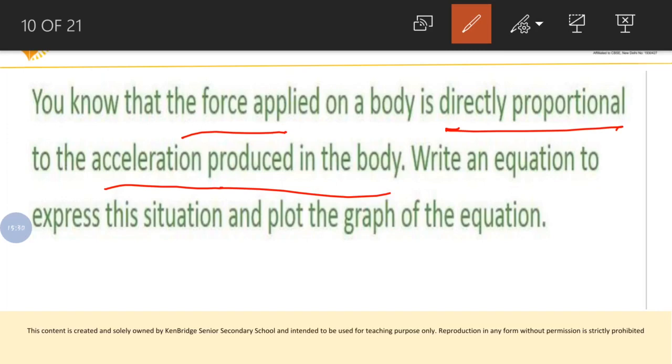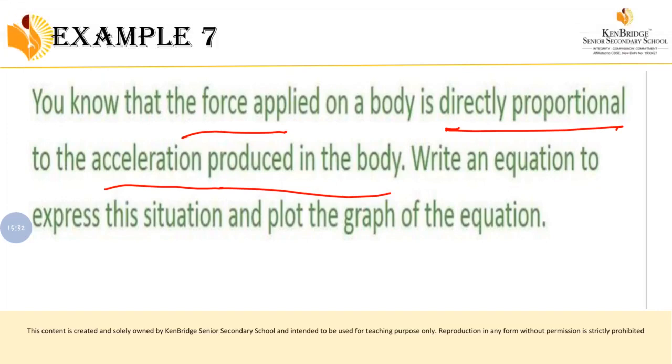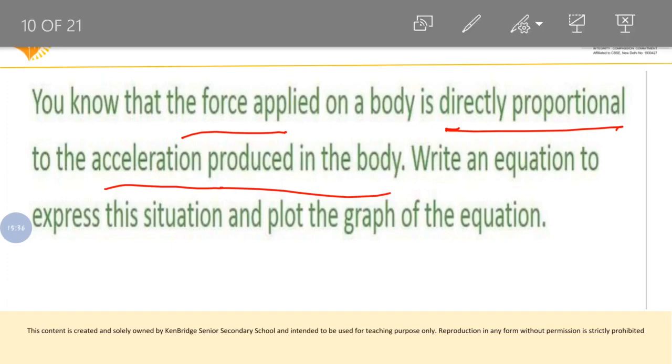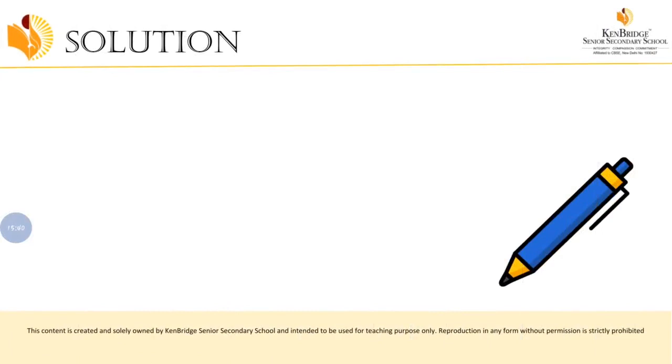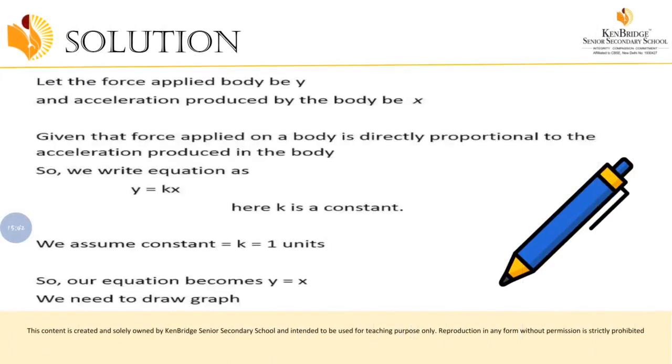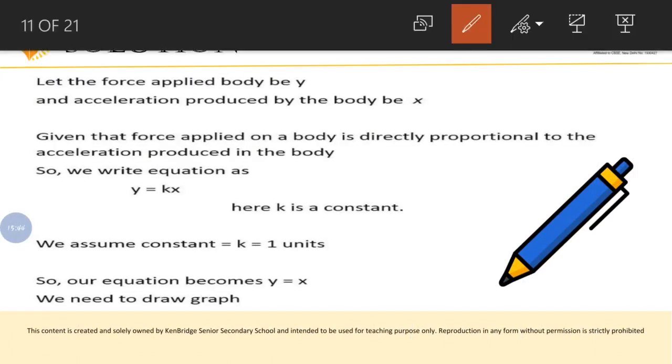So in science you will study this, no? The force applied on a body is directly proportional to the acceleration produced in the body. So how can we write this as an equation? First we imagine the force applied on the body as y and the acceleration as x. Okay, force is taken as y and acceleration is taken as x.